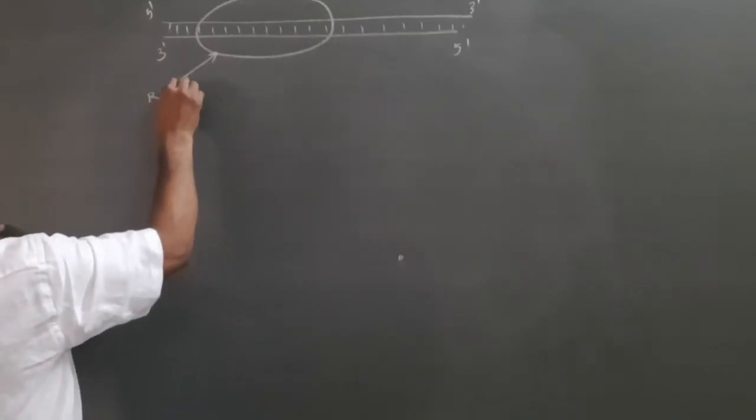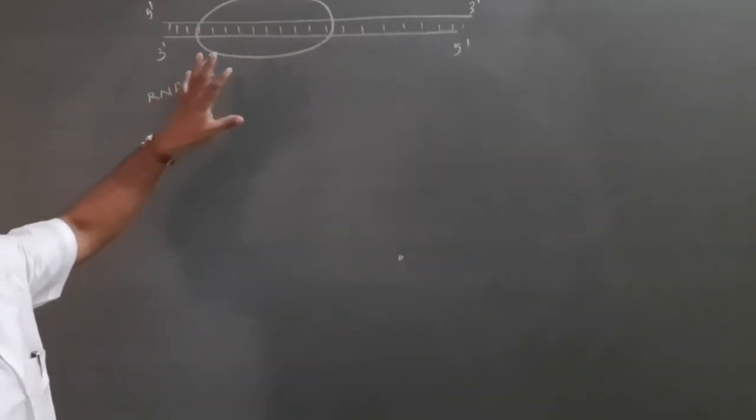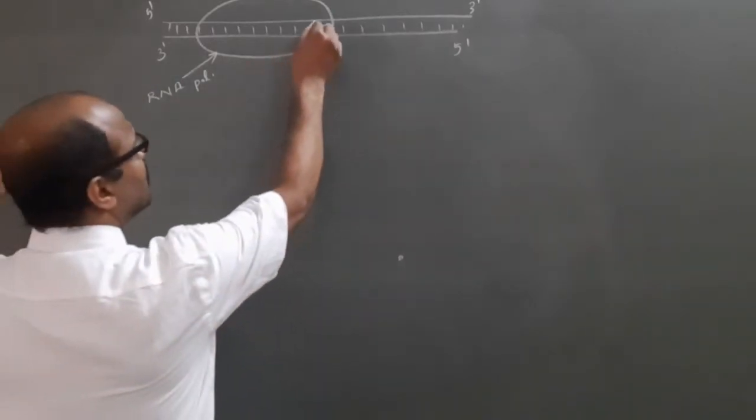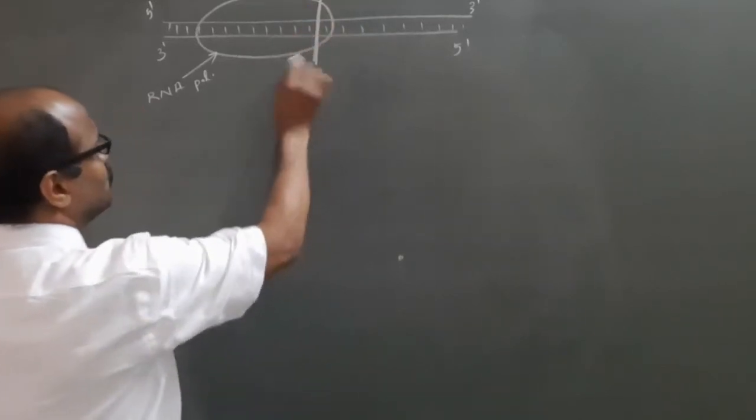RNA pol means RNA polymerase enzyme. And this is the region from where transcription will start.